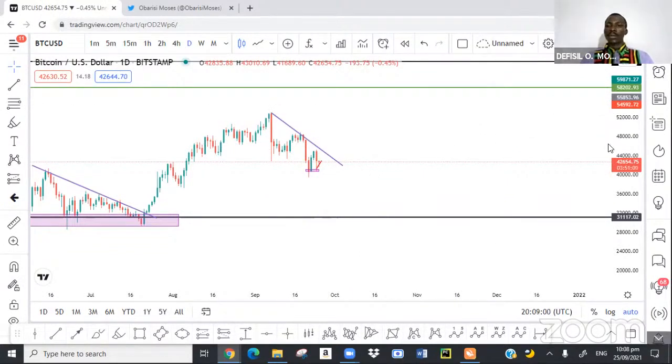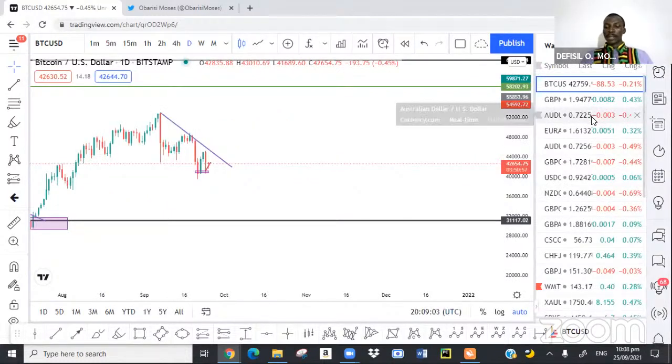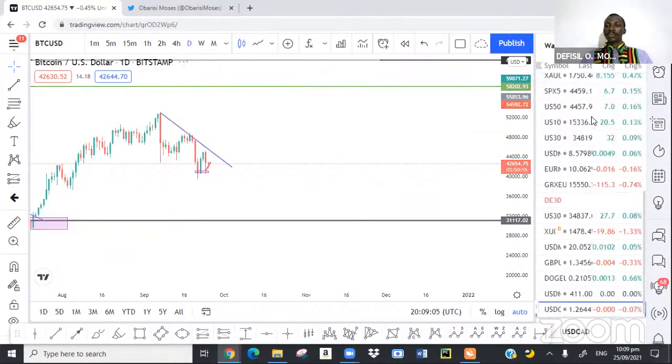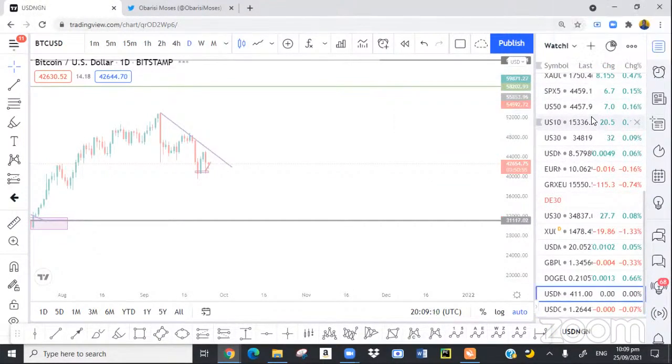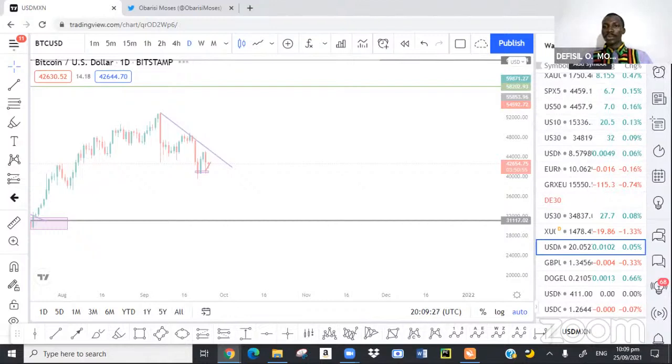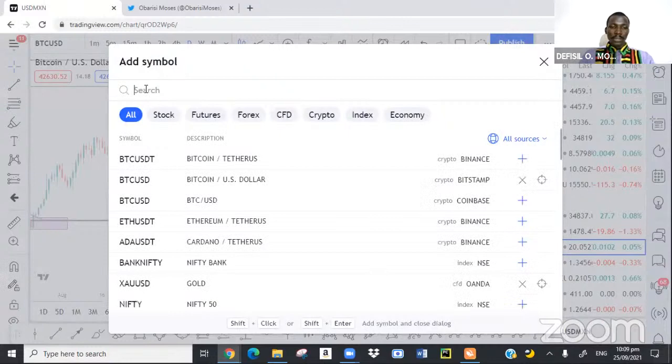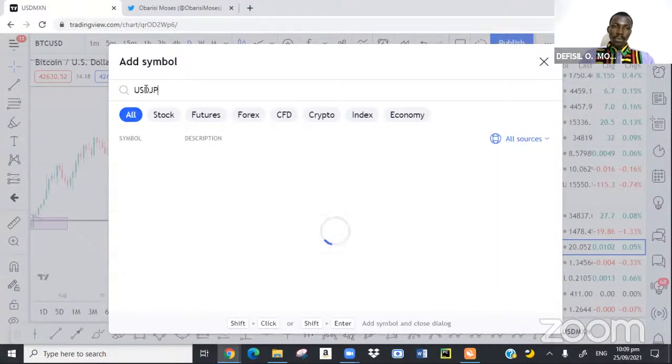Then let's look at another pair. Okay, let's look at this JPY or USD. Which of the USD pairs do you want us to look at? USD JPY. I'm not sure that market is on my watch list, but let me add it.